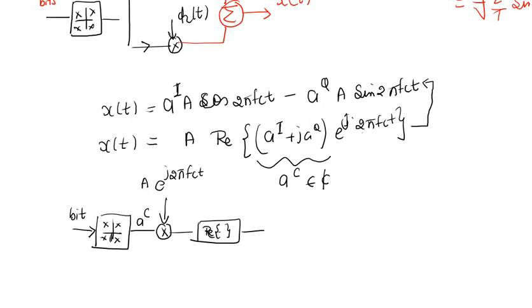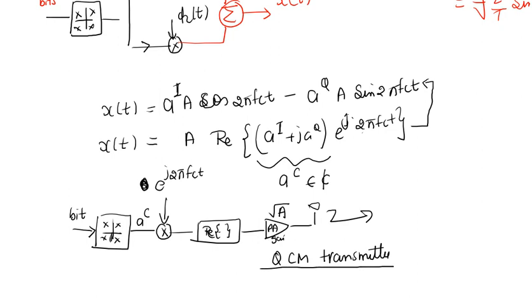Or you can also think that this A is some power amplifier gain, so whenever you pass, the square of this part gets multiplied in this. So in books you will also find this as a QCM transmitter. And this type of design is helpful in analyzing digital communication setups.